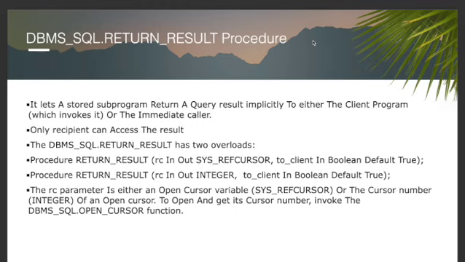The rc parameter is either an open cursor variable, SYS_REFCURSOR, or the cursor number, an integer, of an open cursor. To open a cursor and get its cursor number, invoke the DBMS_SQL.OPEN_CURSOR function.